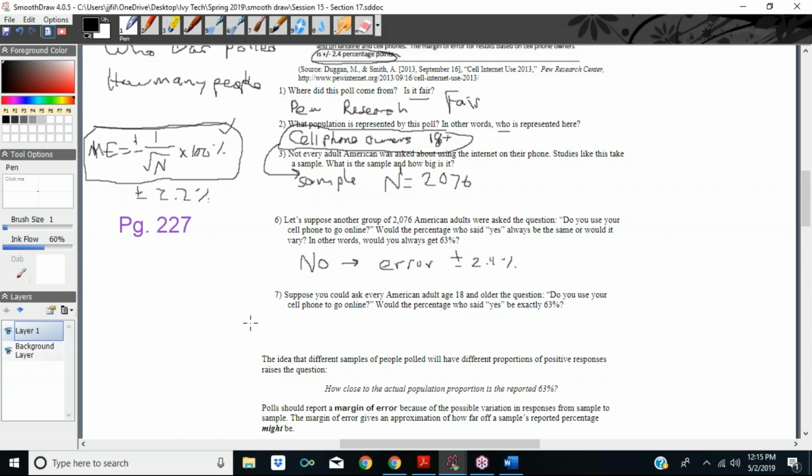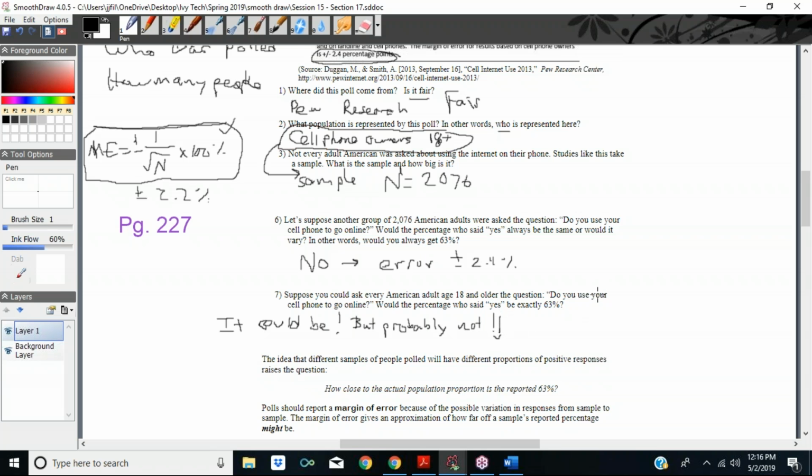Most of you are saying no. Well, I'm going to say it could be, but probably not. All right, so it could be 63%, but it probably isn't going to be.